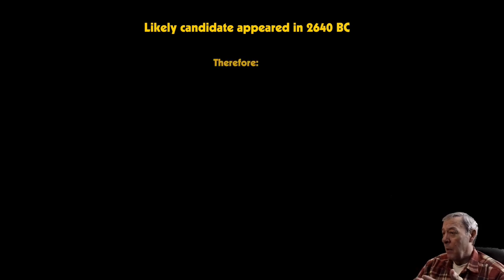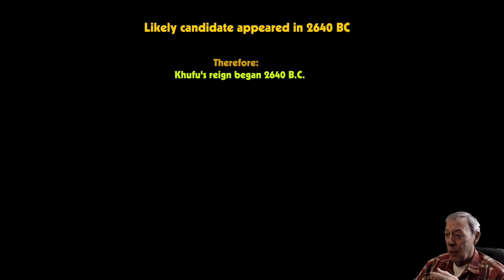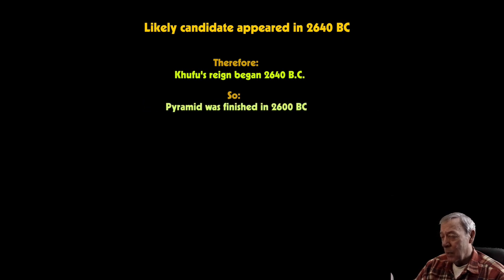Therefore, since the pyramid took 40 years to build, and his reign began in 2640, that first year when the comet appeared, the pyramid was then finished 40 years later in 2600 BC. So we've got 2 dates here using relative dating that is also based on astronomical observation as to when Khufu began his reign and when the pyramid was finished.